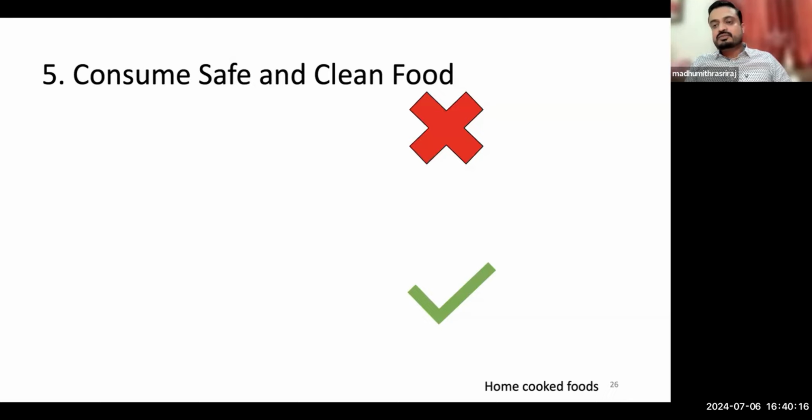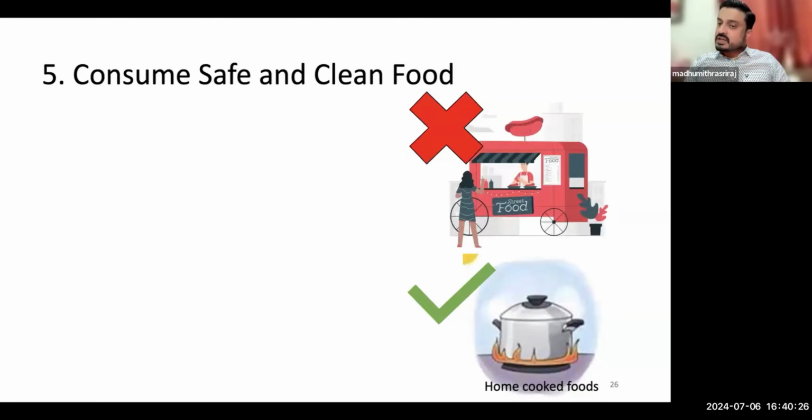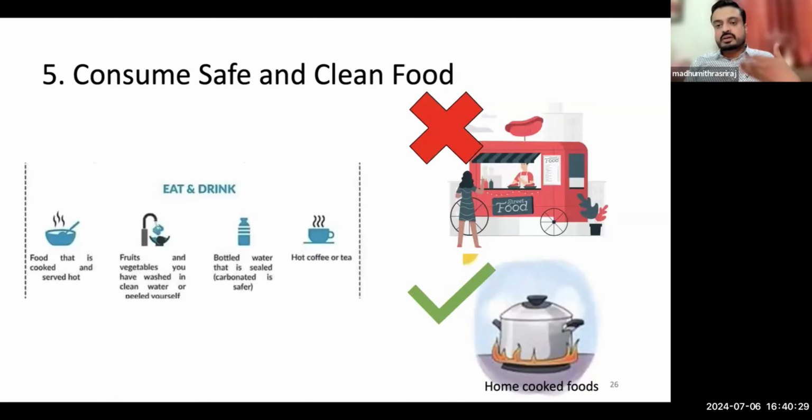We find so many kids coming with stomach upsets because of these unsafe practices. It's always advisable to use home cooked food. Do not visit street vendors frequently if they're not safe.